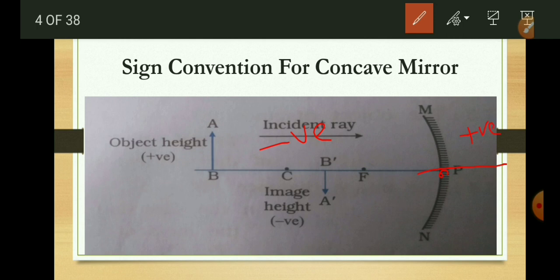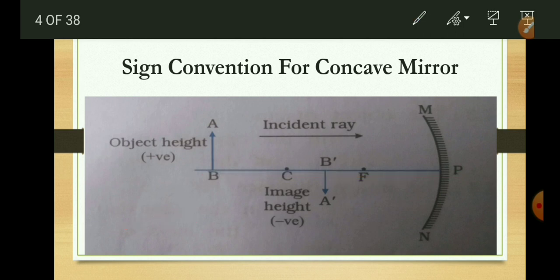P is origin and PB is the object distance, because here object AB is placed on the principal axis, perpendicular to the principal axis. We denote it by small letter u, and as it is present on the left hand side, we will take its sign as minus u.